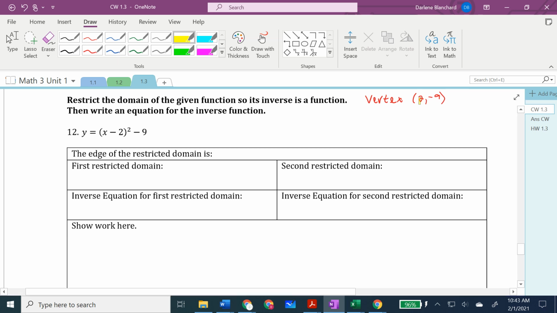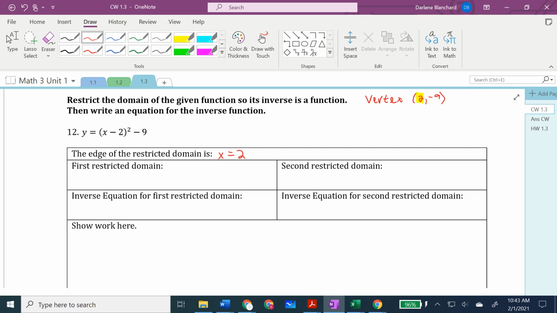Between these two numbers, which one is the x? 2. Good, you got it. That is the edge of your restricted domain. I have that as a first line. The edge of the restricted domain is x = 2. It's always the x-coordinate of the vertex.